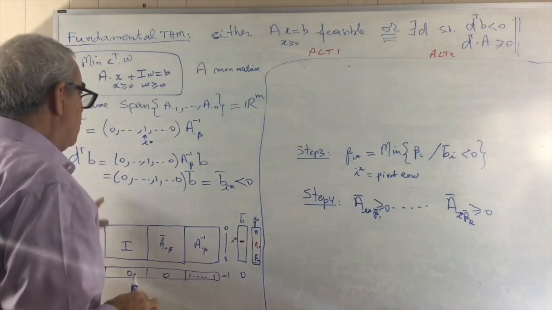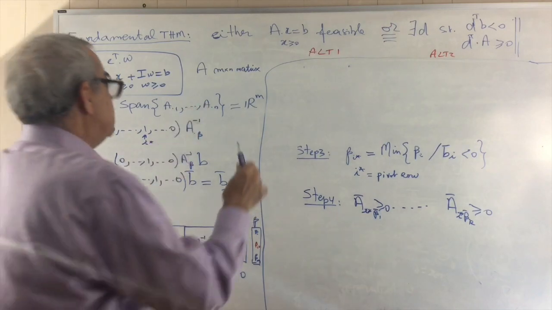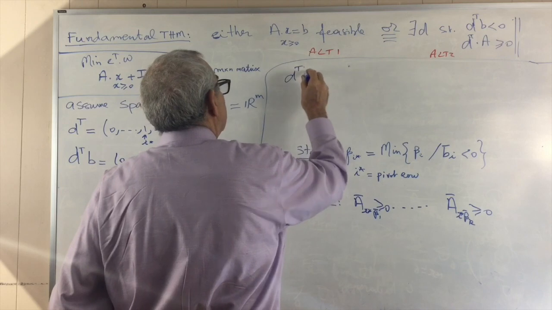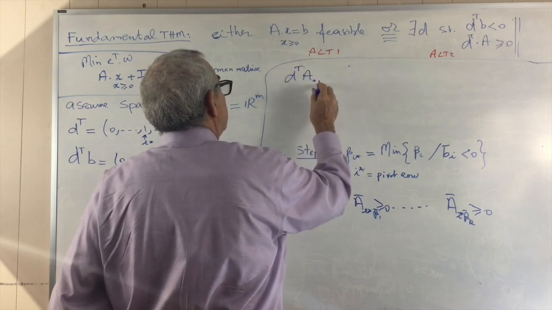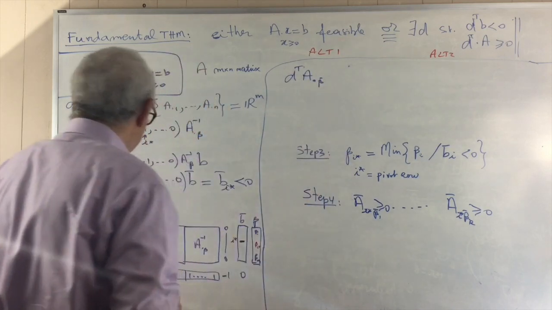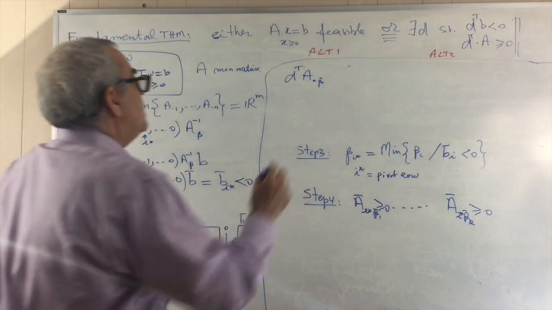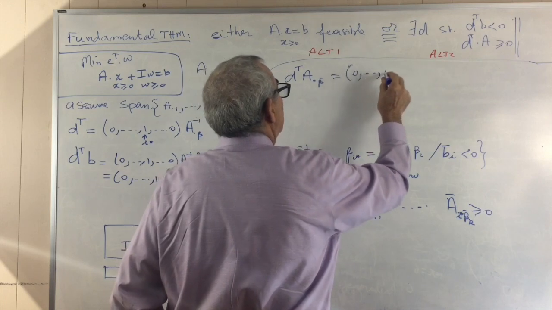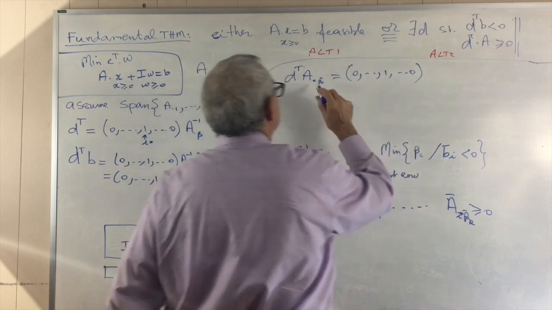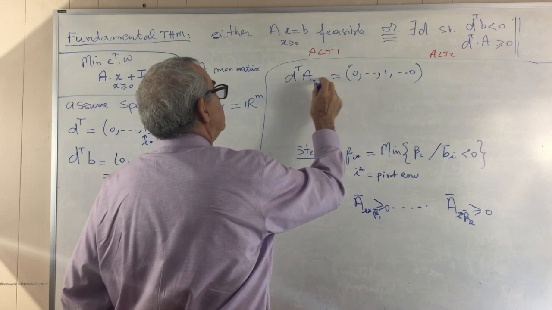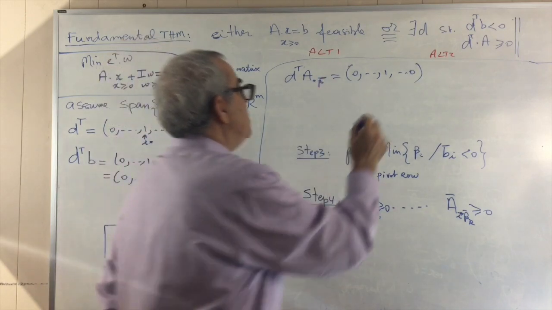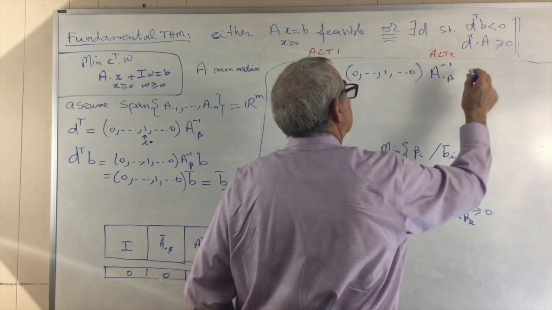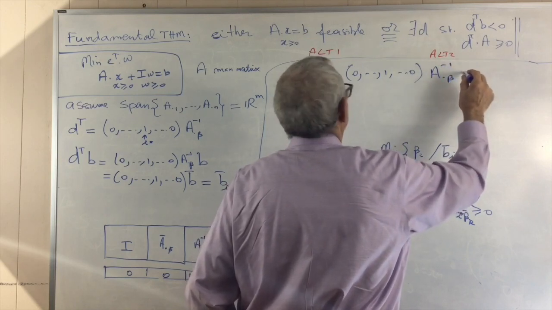How about D transpose A? So let's look first at D transpose times A dot beta bar. That's equal to 0, 1, 0 times A dot beta minus 1 times A dot beta bar.